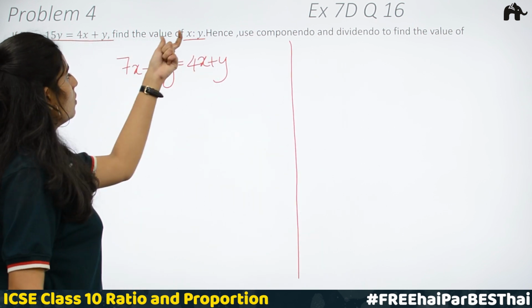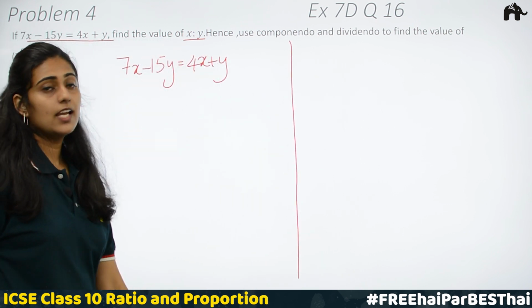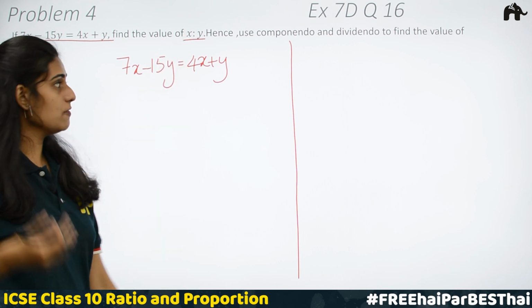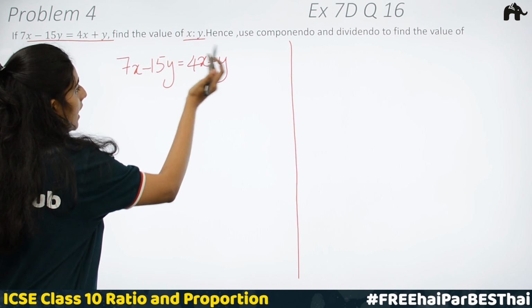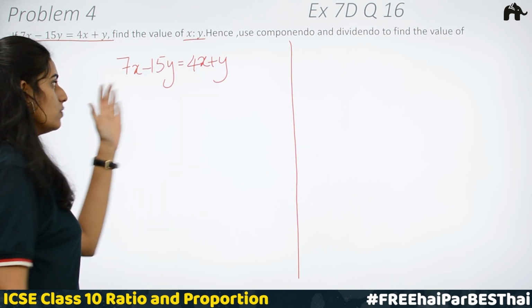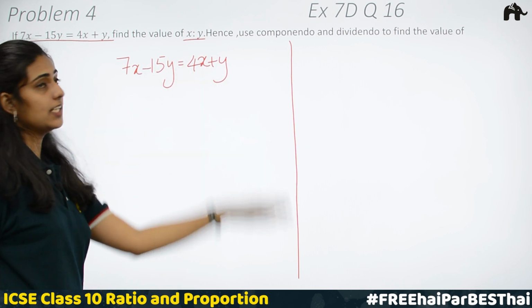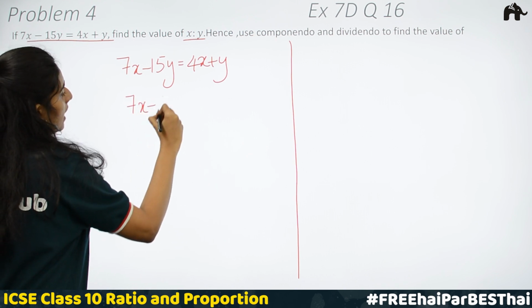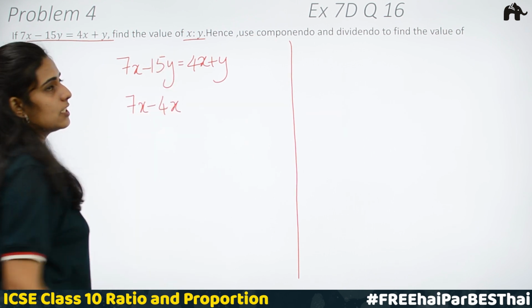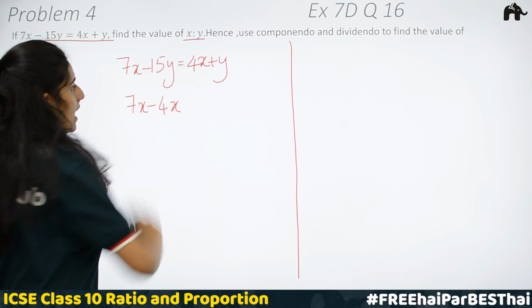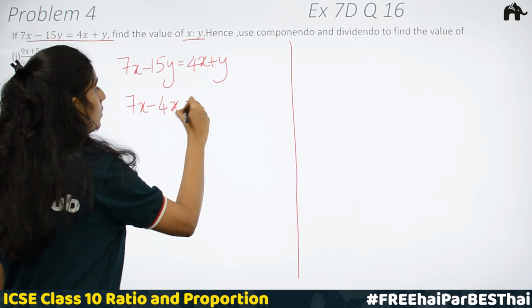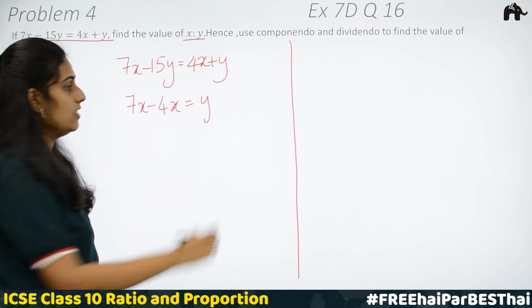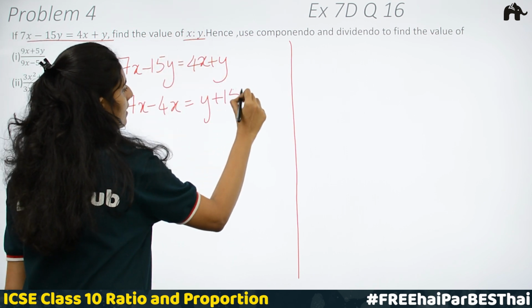Now we need to find the value of x is to y, that is x by y. For that, taking all terms containing x to one side and taking all terms containing y to the opposite side, we get 7x minus 4x (4x becomes minus 4x when taken to the LHS from RHS) is equal to y plus 15y (minus 15y becomes plus 15y).